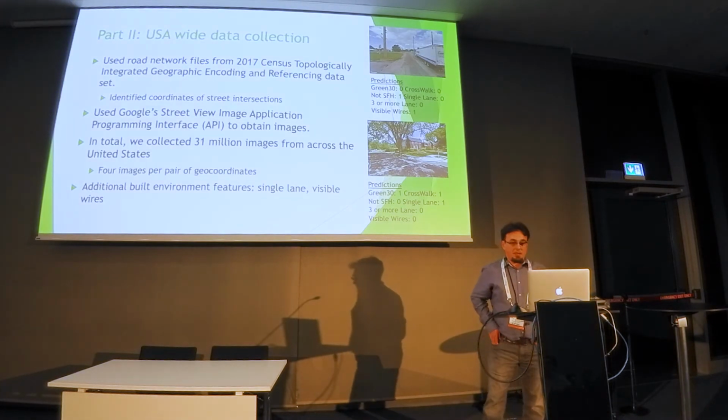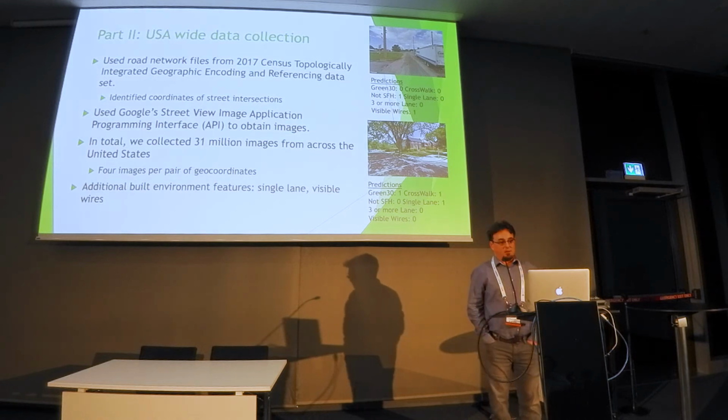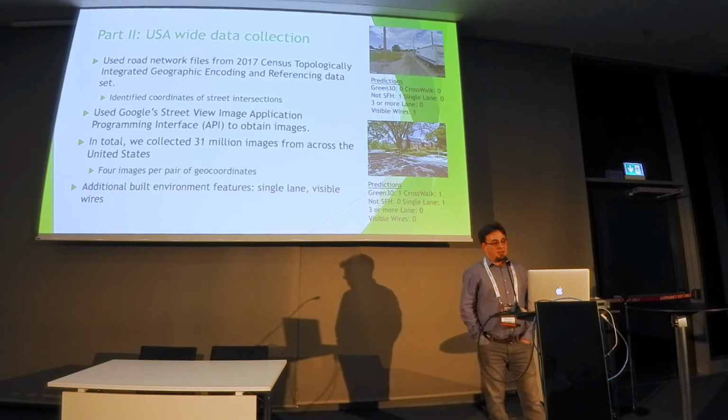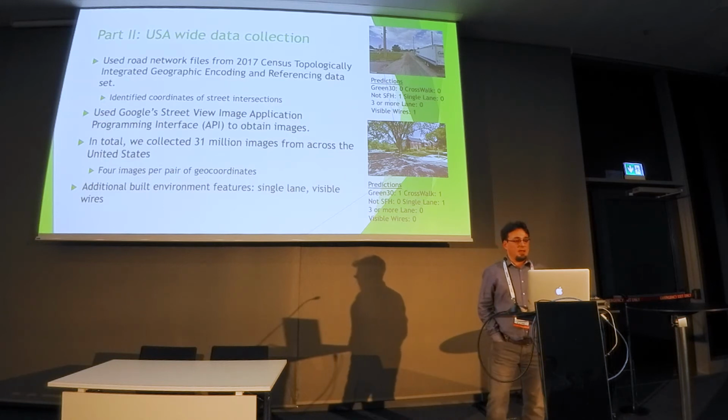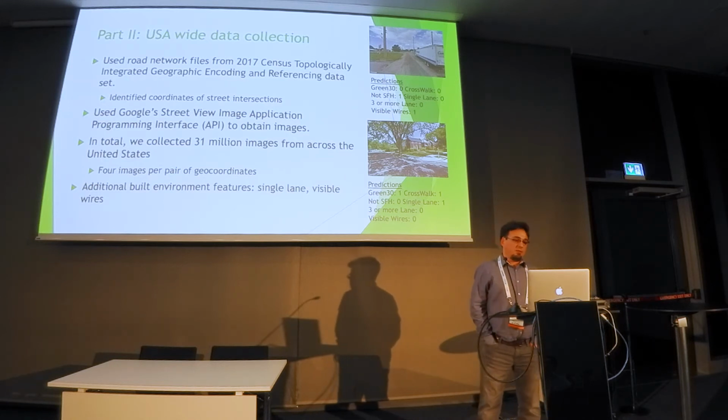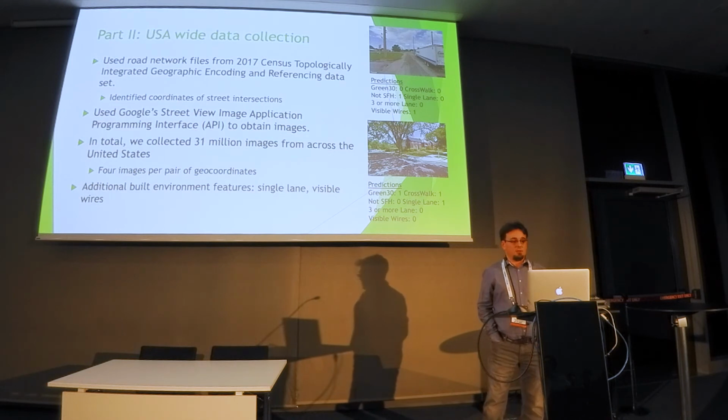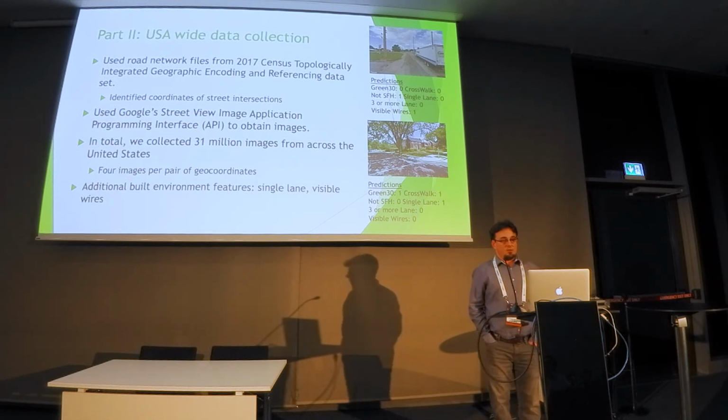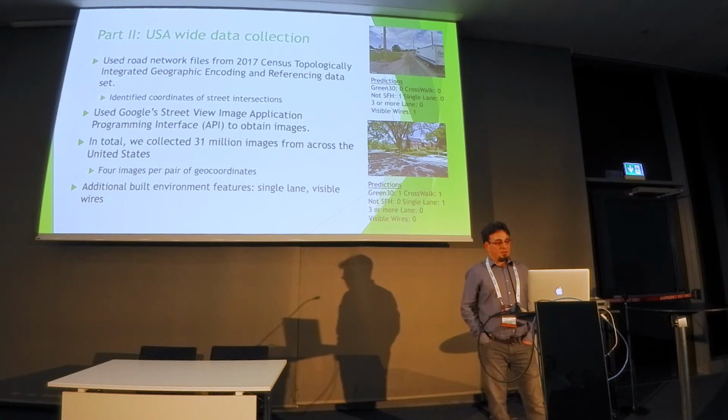Then we started the second part of our study, and we started collecting a much larger data set, in this case using the 2017 census to identify street intersection coordinates, and then using Google Street View's API to get those images, around 30 million images, and added some more indicators.